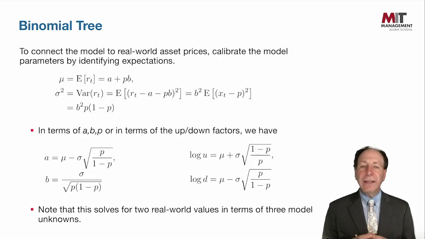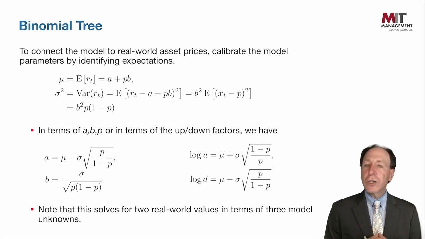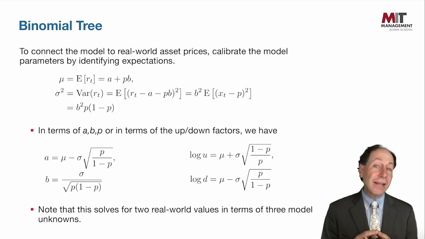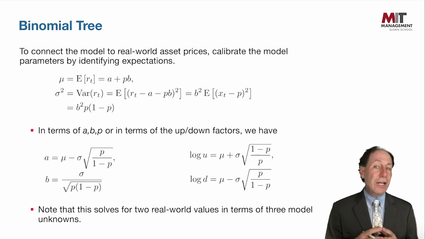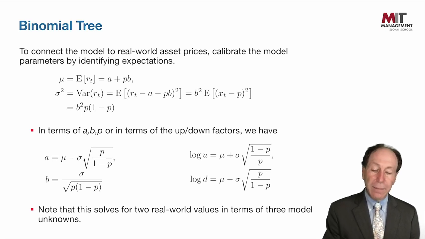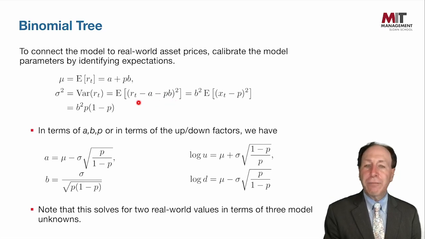To connect this to real-world asset values and their returns and their volatilities, we calibrate the model by taking expectations. So we would calibrate mu to be the expectation of r from the formulas that we had before, and we compute sigma squared as the variance by applying the definition and using our usual results for things that are constructed out of basic z's.